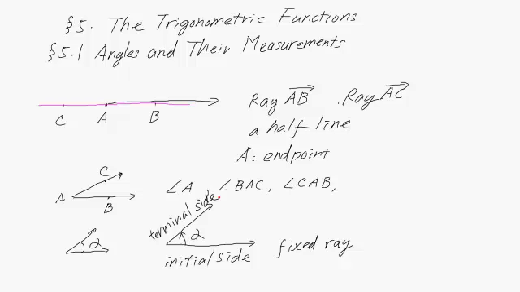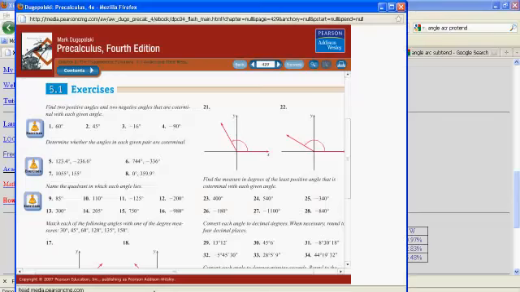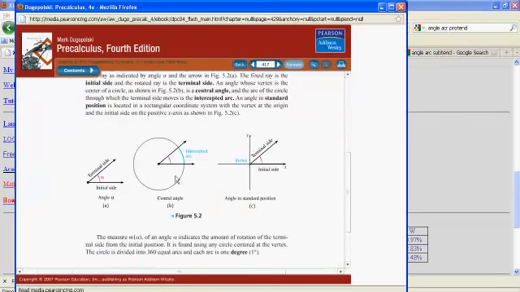And if we put an angle into a circle with the vertex of this angle at the center of the circle, then we may have the picture like this. Let me show you on the textbook. You see, we have a circle, and then we put this angle into the circle with this vertex. Okay, this end point of the two rays is called the vertex of the angle.